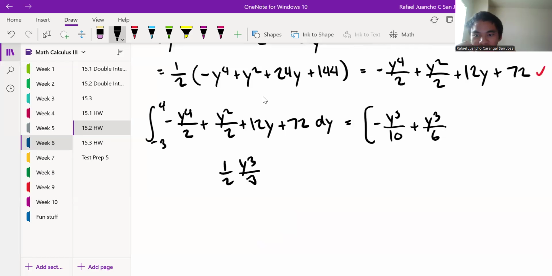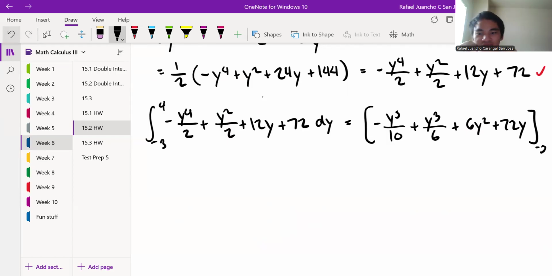And then this one becomes 6y squared, and this one becomes 72y. Okay, last stuff here. There we go. And then from there, I just evaluate the whole thing.